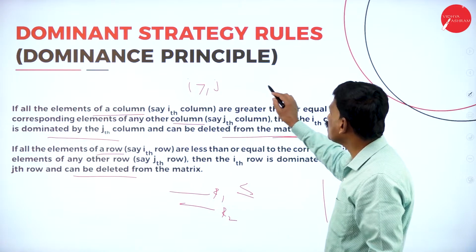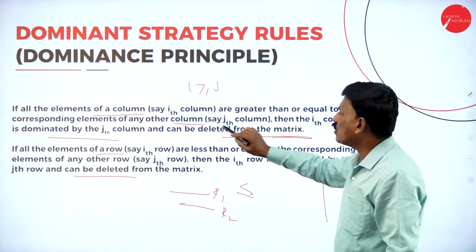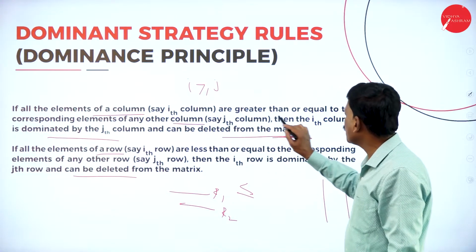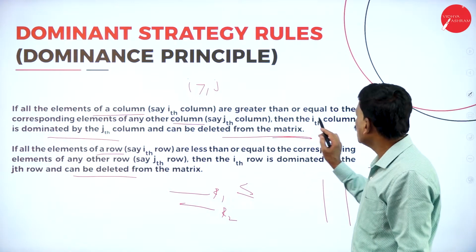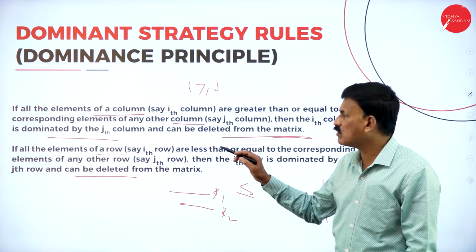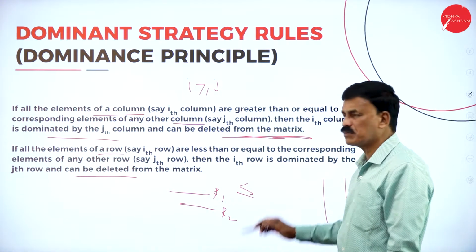The dominance principle states that if all the elements of a column are greater than or equal to the corresponding elements of another column, then that ith column is dominated by the jth column and can be deleted from the matrix.